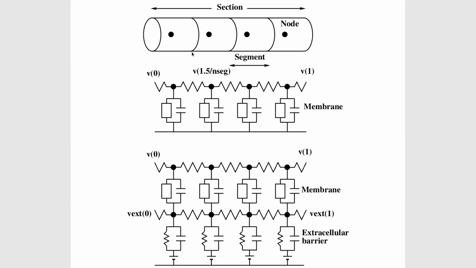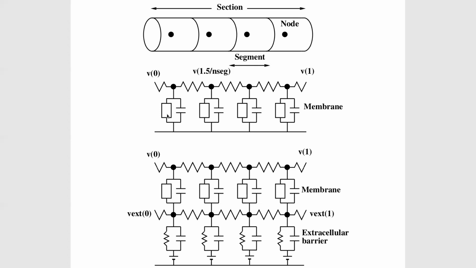The equivalent circuit of an individual compartment would be one half of one of these axial resistances on the left and another half of the axial resistance on the right of this parallel combination of membrane capacitance and this little white box, which contains all of the ionic conductance representations that are in a given segment.